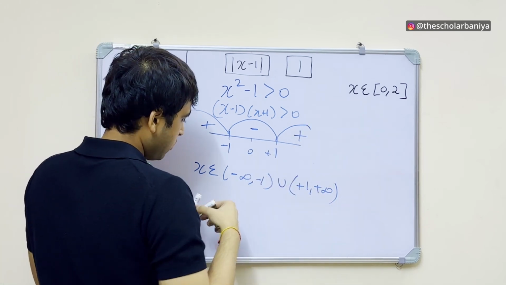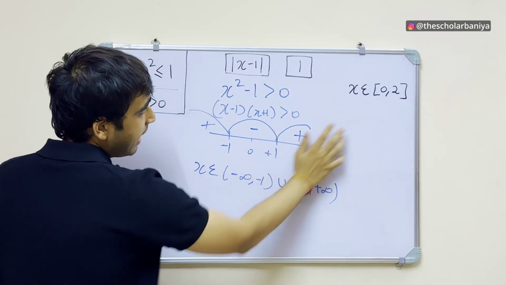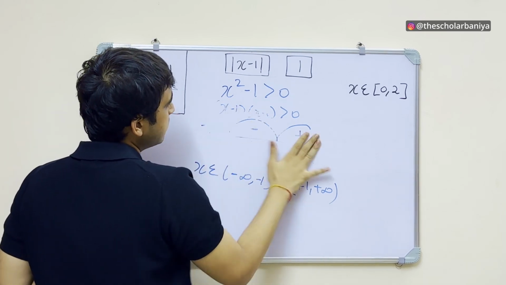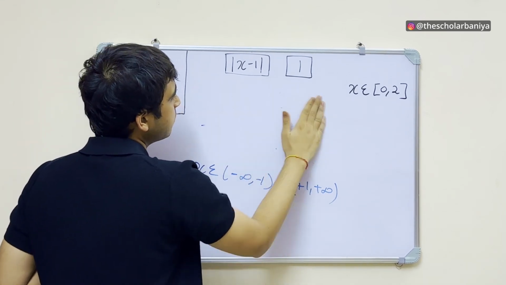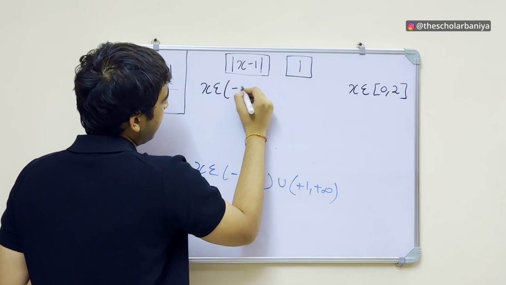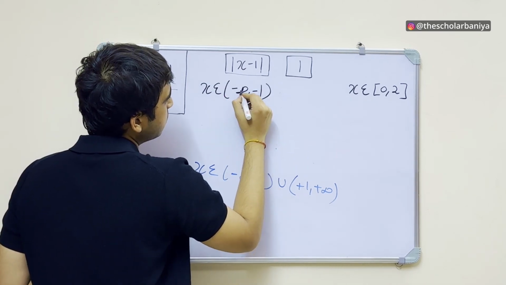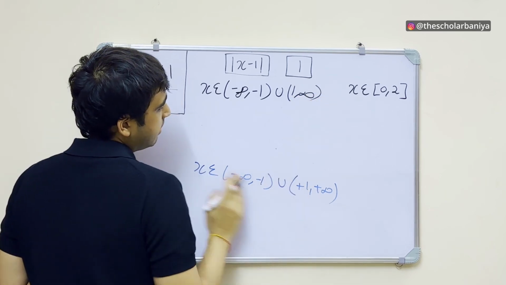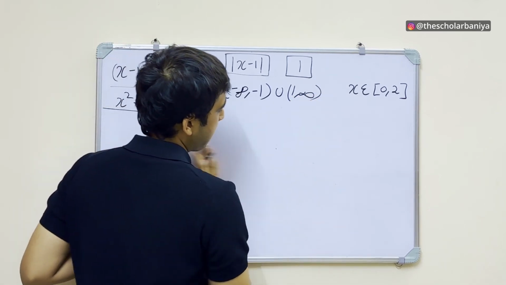So now we can erase this and we can write that x belongs to minus infinity to minus 1 union 1 to infinity, right? I hope this should be fine.